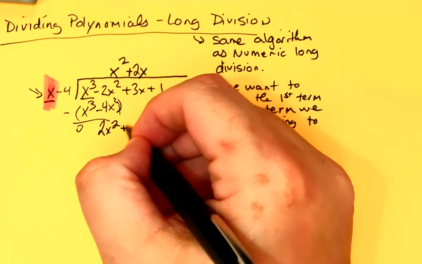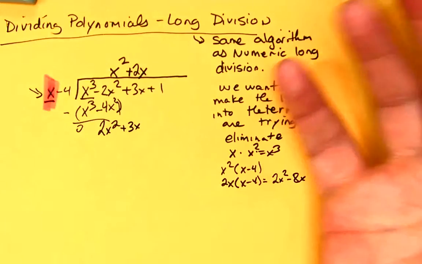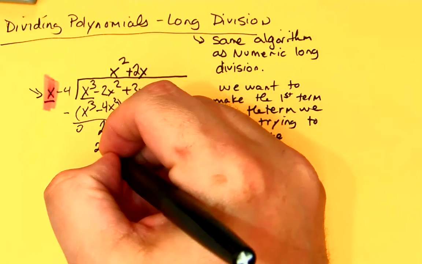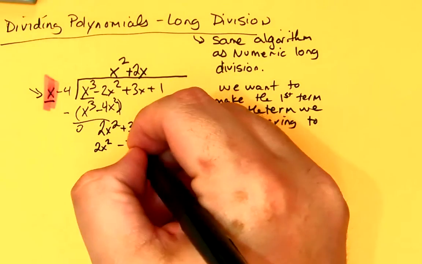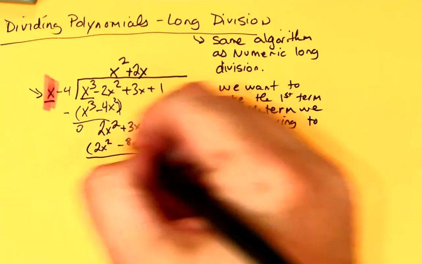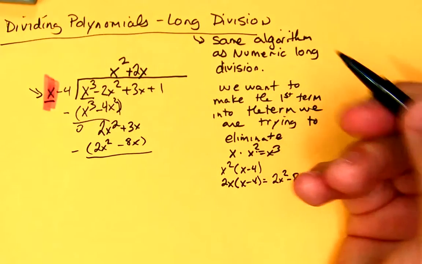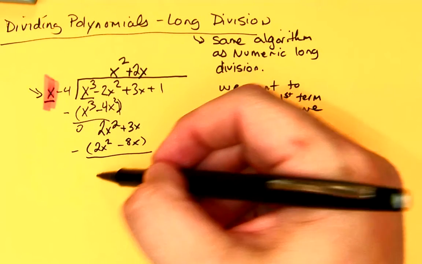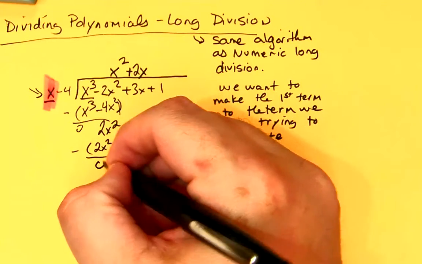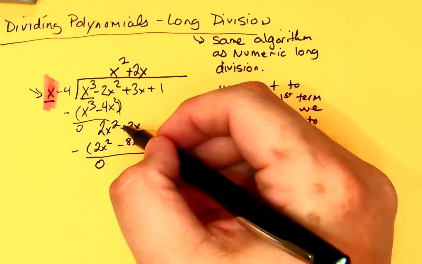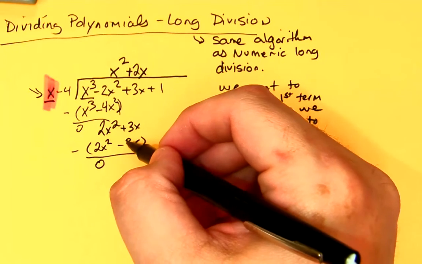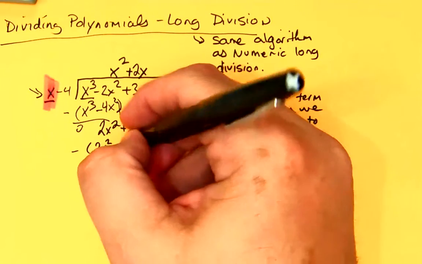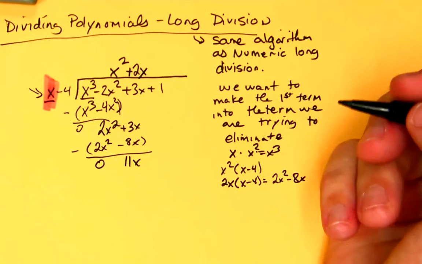I got to bring down the 3x, which is normal in long division, and now I'm going to subtract these. The first two subtract out, which is what we want, so I get a 0. And then I have 3x minus a negative 8x, so 3x plus 8x. So this is going to give me 11x.